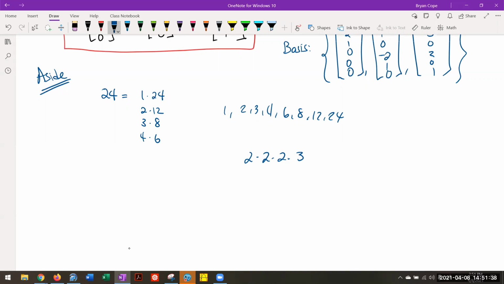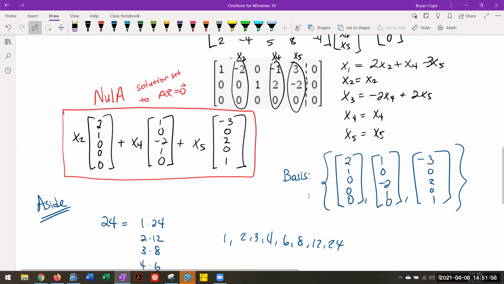But these are the prime factors. So these are the smallest possible building set to make 24. I don't know if that helps you at all, but there's infinitely many vectors in the set that I have in the red box, but we only need 3 to generate everything else.